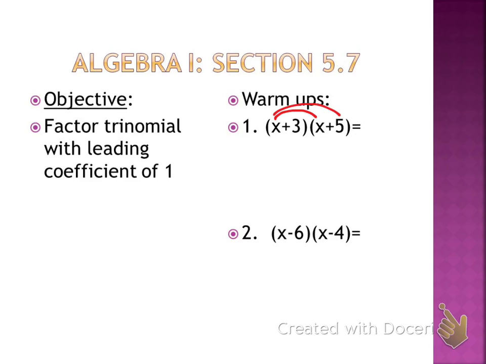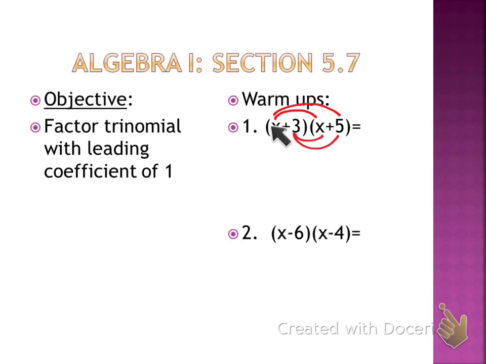So x times x, x times 5, 3 times x, 3 times 5. If you want to do that instead, that's fine. Now, be aware that if you do that incorrectly, I can't even try to give you partial credit. Okay, but if you're comfortable with double distributing now and you just draw those arrows, that's okay.